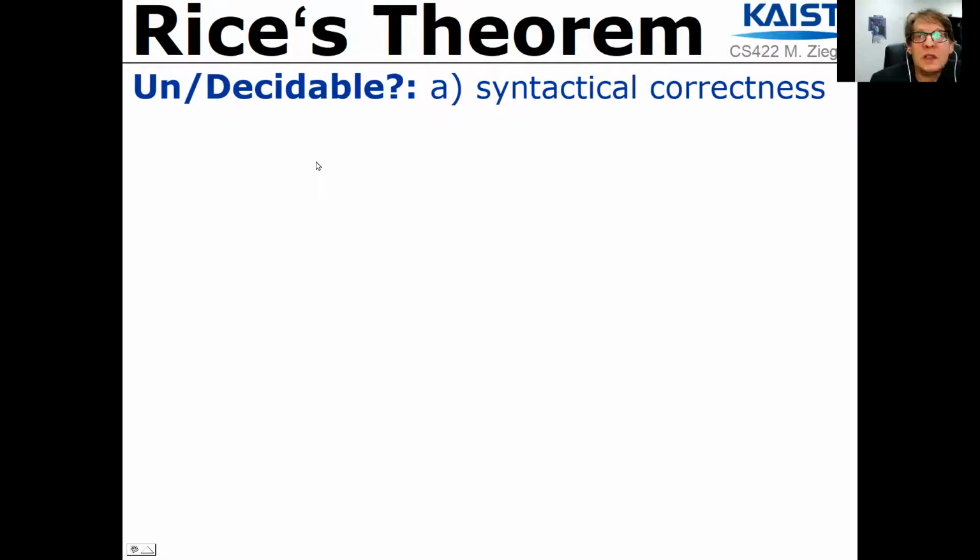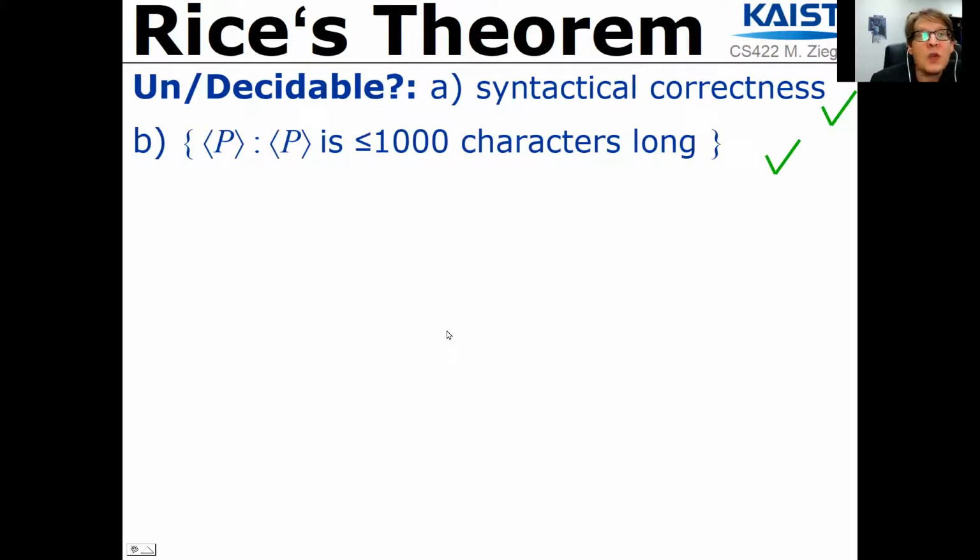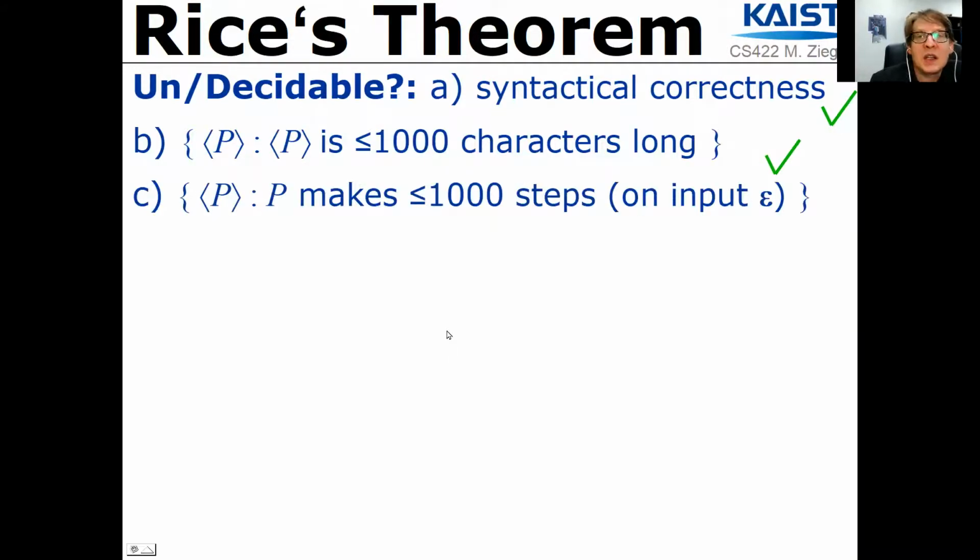So to recall, syntactical correctness is a syntactical property. It's decidable. How long a program is, is syntactical. How many steps does it make? At most 1,000 steps. That is also decidable, right, by simulating.